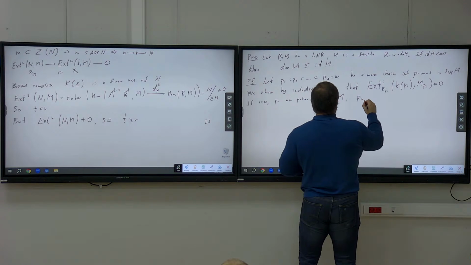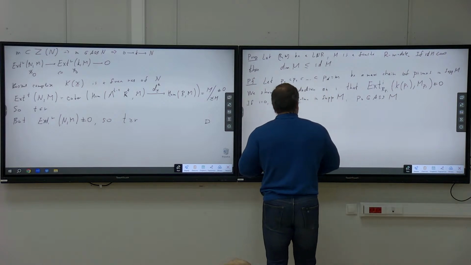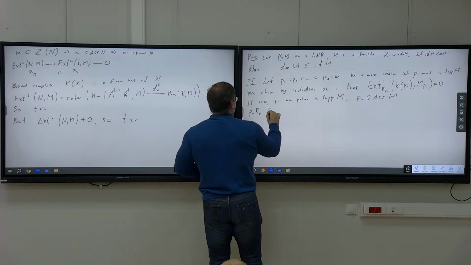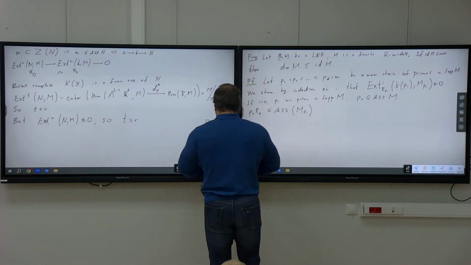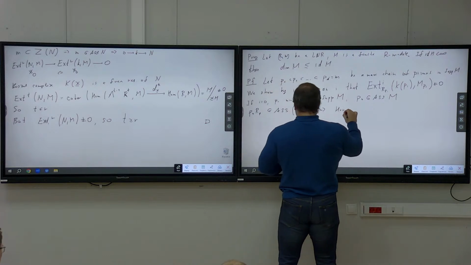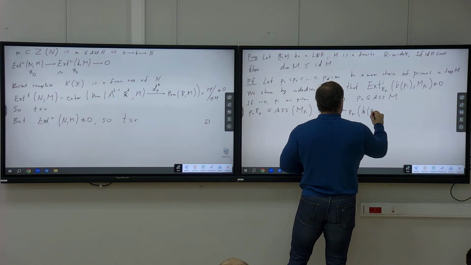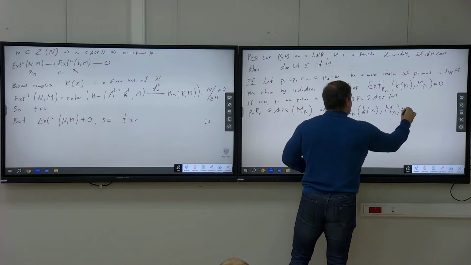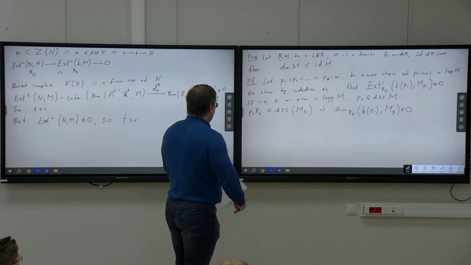So I can claim that P0 is actually associated with the module M. Localizing, I can say that P0 R_P0 is associated with the localization M at P0. And if this is associated, I can say that the Hom over the localization R at P0 from the K(P0) to M localized at P0 is not equal to 0. So this finishes the proof of the base of the induction.